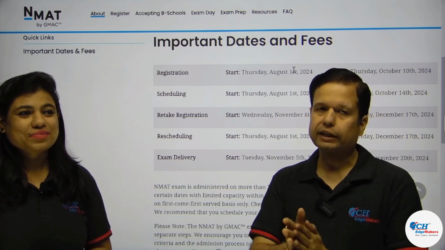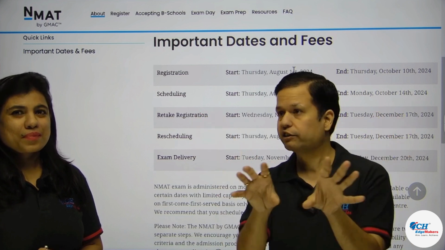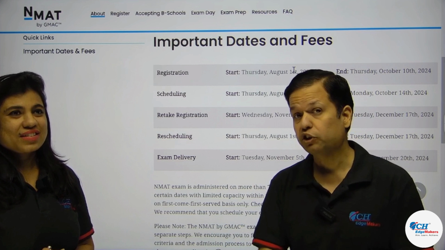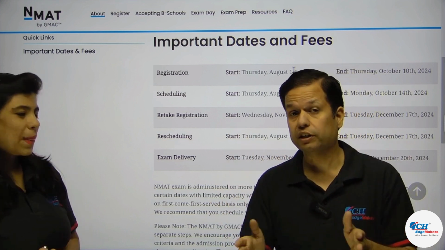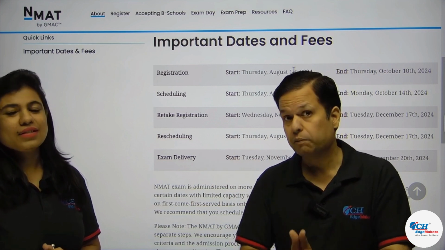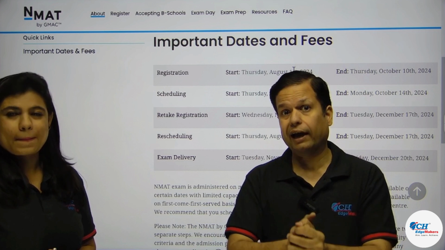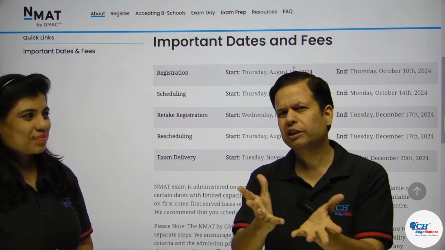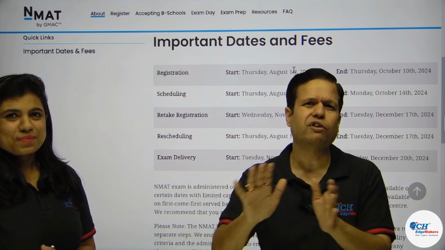Well, let's say if you are targeting NMAT, your sole target is NMAT and not any other college or any other exam, then appear whenever you feel you are ready. It can be before CAT, after CAT. But if you are taking CAT and your prime target is probably IIM Ahmedabad, the suggestion would be to take it after CAT, because there are some differences between the exams.